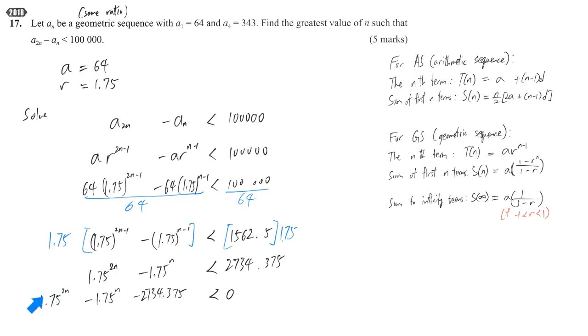And I had better rewrite this as something to the power of 2. So I rewrite this as 1.75 power n, all to the power of 2. So obviously we are talking about something squared minus something and then minus this constant. It's no different from the inequality x squared minus 1 times x minus 2734.375 smaller than 0.